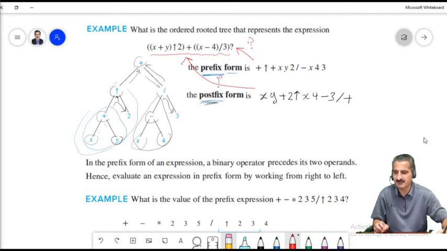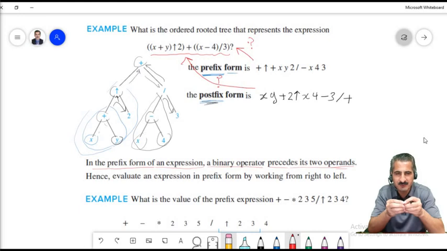And here it says, in a prefix form of an expression, a binary operator precedes its two operands. When we say a binary operator, which is plus or minus or division or exponent, we know that each such operator has two things at its sides, like x or a variable or a constant.